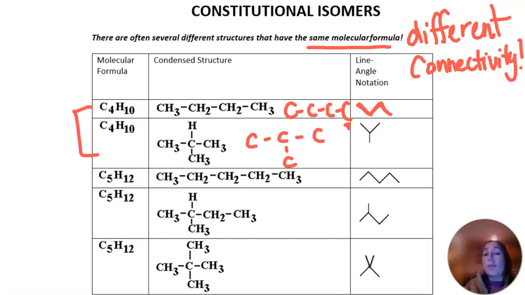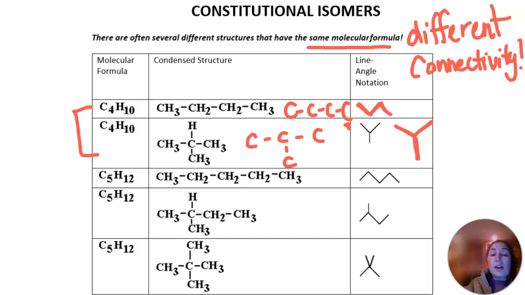Its line angle formula looks different. It's got 2 lines for the 3 carbons in a row, and off of the middle is a branch, and so it kind of looks like a Y almost, where you have your 3 carbons in a row along the top of the Y and your carbon coming straight down, making that sort of base or trunk of the Y.